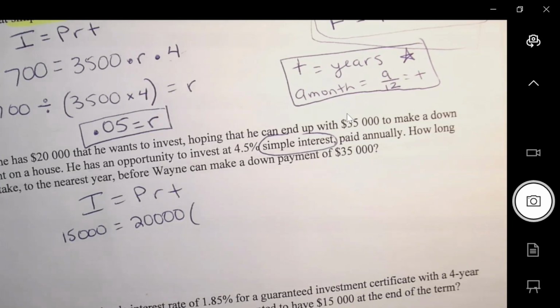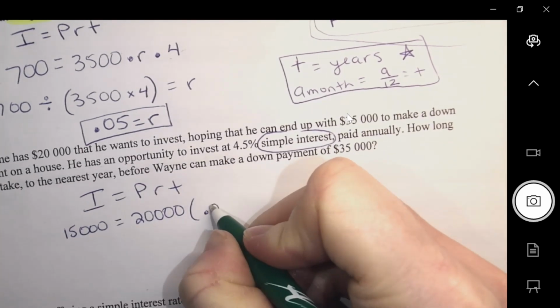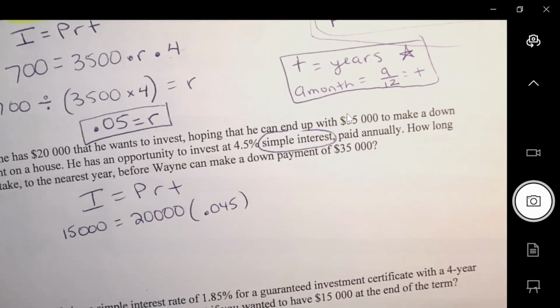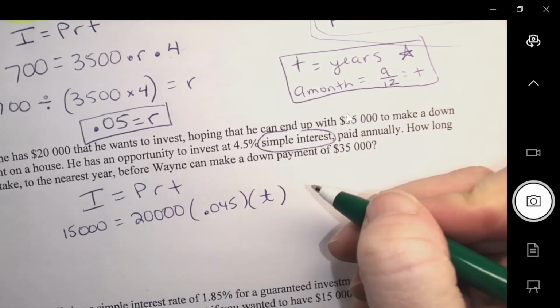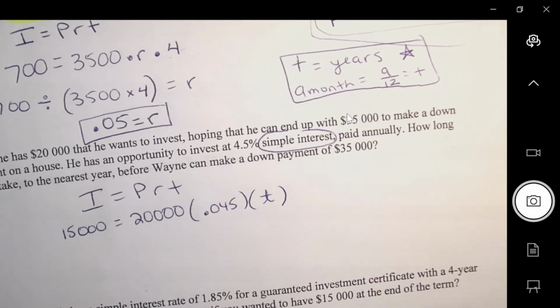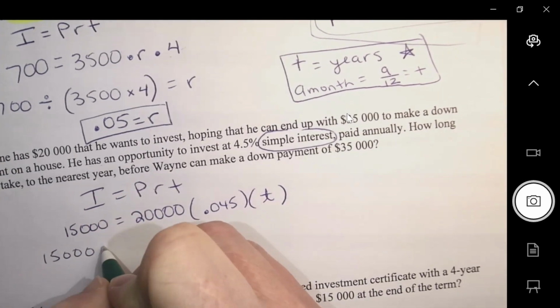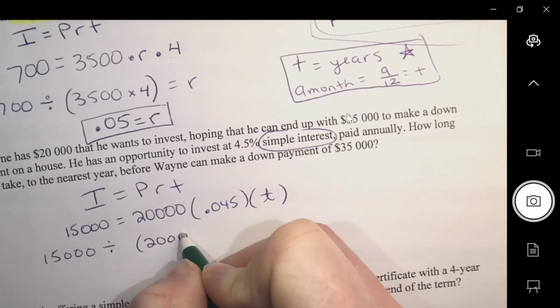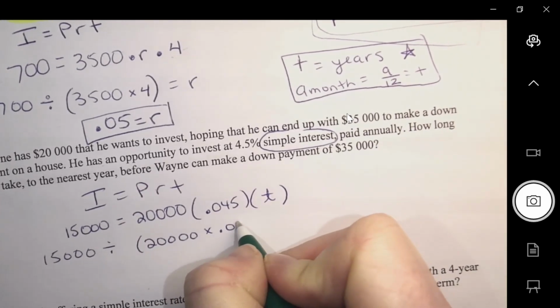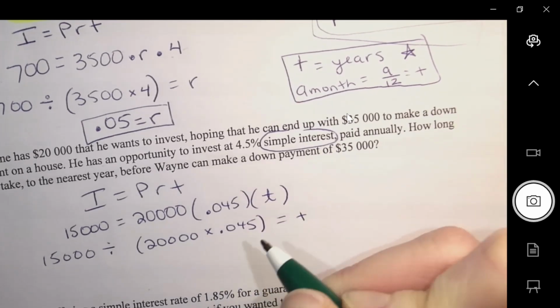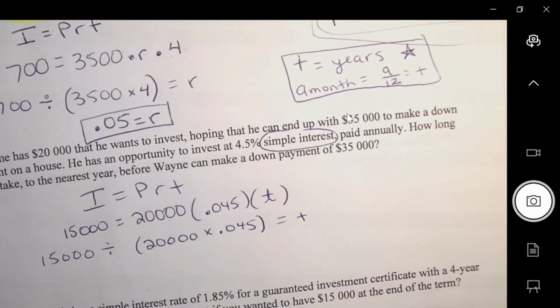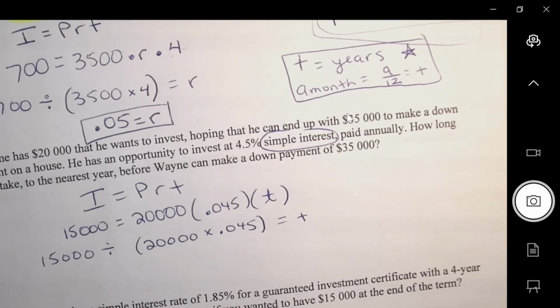Make sure you do it accurately. This is where I see most of the common mistakes, is just moving the decimal one not enough. So time is what we're solving for. And this is the same setup as last time. Okay, so same algebraic stuff.